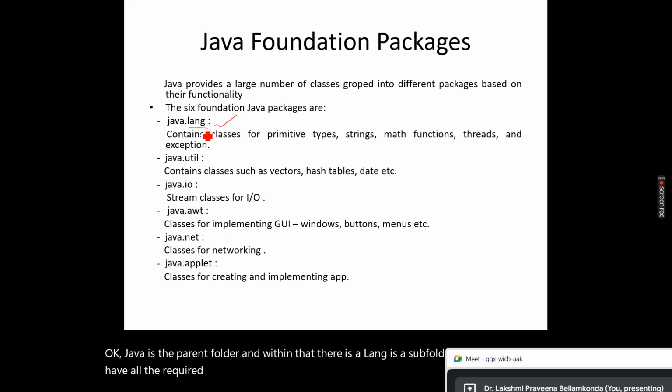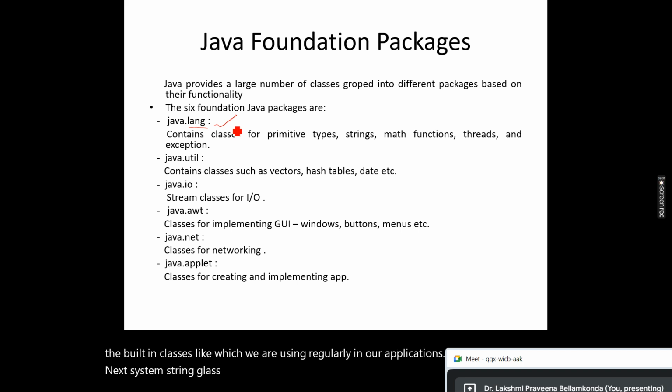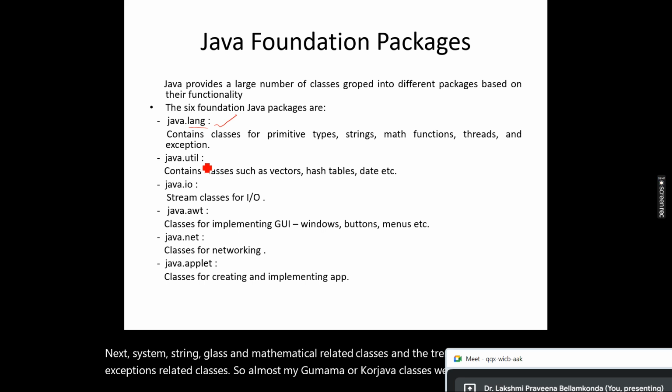It contains all the primitive data types, and also all the built-in classes which we are using regularly within our applications, like System, String class, mathematical related classes, thread related classes, exception related classes. So almost all our core Java classes are stored within the java.lang package.